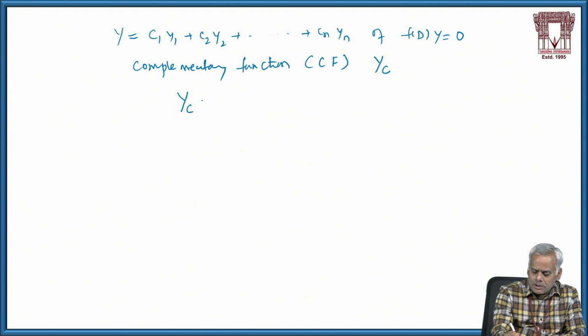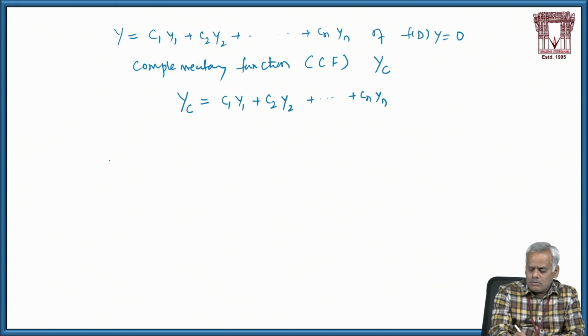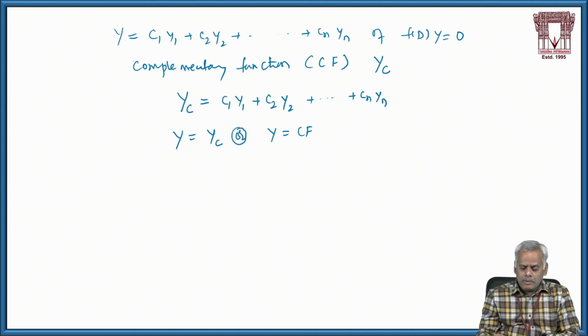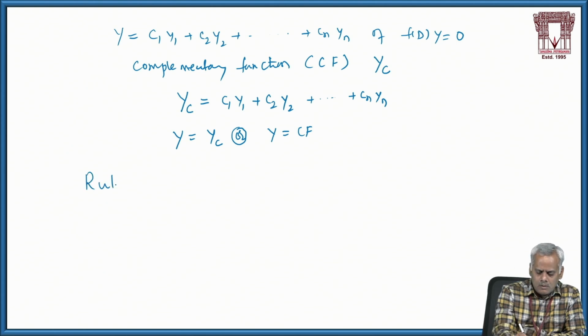So the complementary function y suffix c is equal to c1 y1 plus c2 y2 up to cn yn, and hence the complete solution of f of D of y equal to 0 is y is equal to yc, or y is equal to the complementary function, where the complementary function is c1 y1 up to cn yn, where y1, y2 up to yn are n linearly independent solutions.